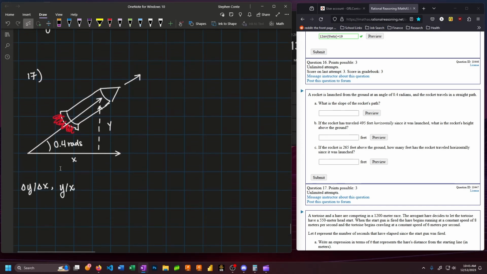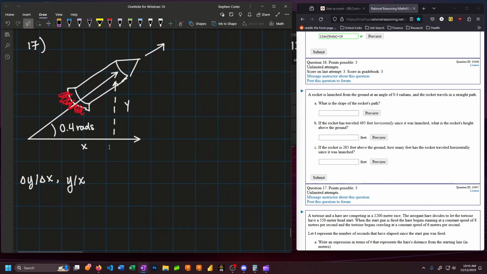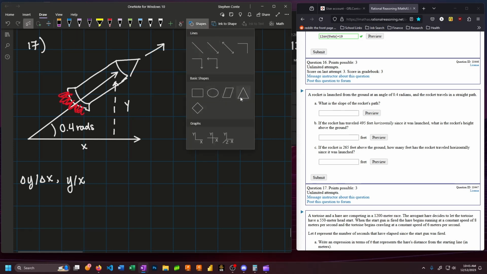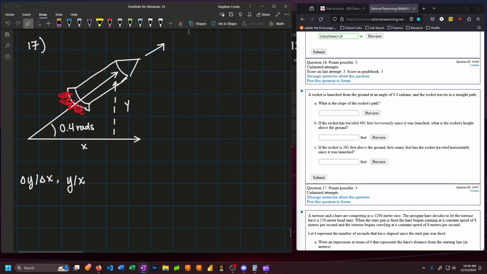What's interesting here is, if we're talking about movement along a circle, or we don't even have to talk about circles, if we just use trigonometry based on the orientation of a triangle, I know that if I have a triangle with some angle theta, this is x, this is y, let's say this is z.